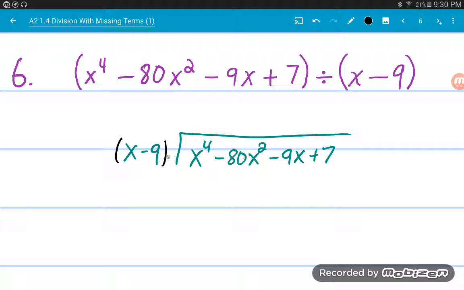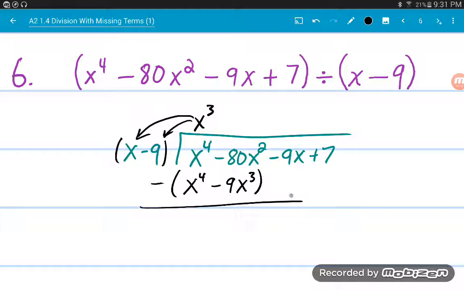What we're going to do first is ask how many times x goes into x to the fourth. It goes in x to the third times, because x to the third times x would give me x to the fourth. But we also have to distribute it down onto here. So I'm going to get negative 9x cubed.